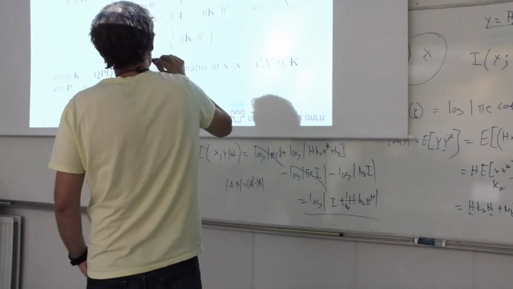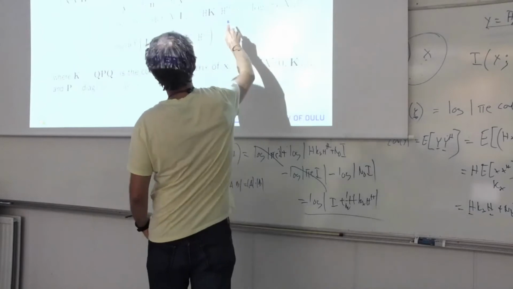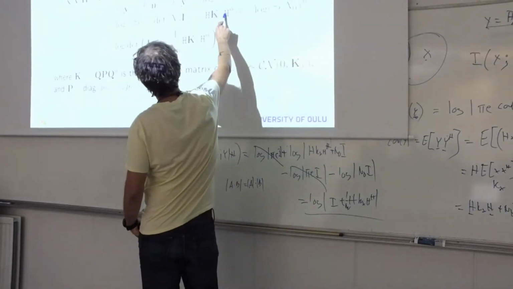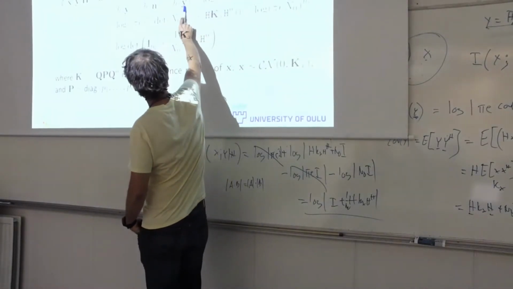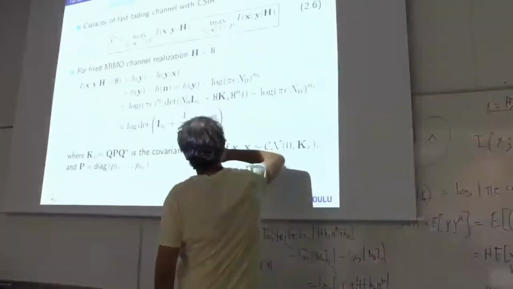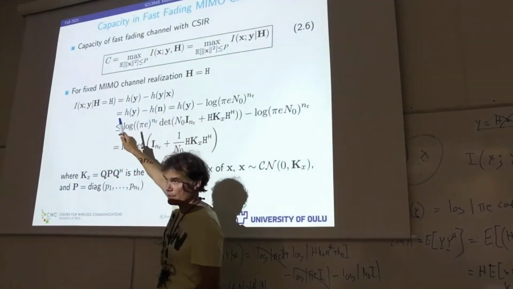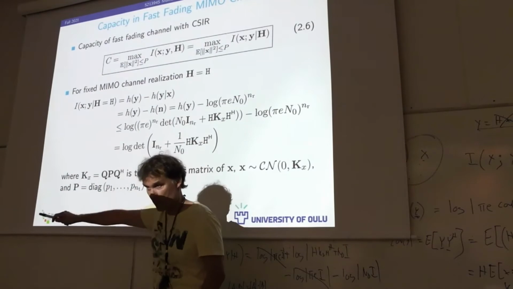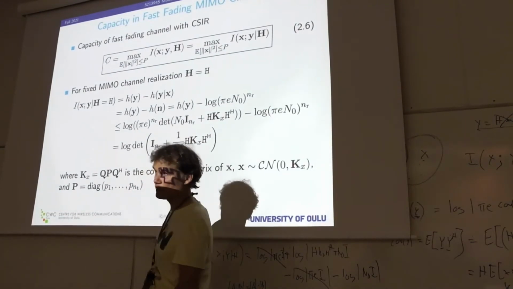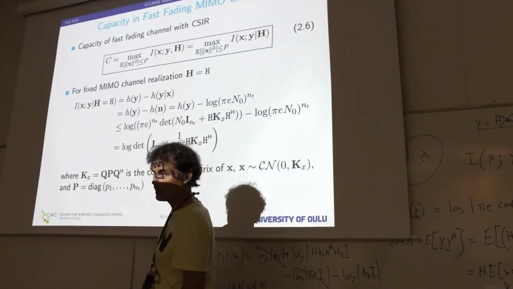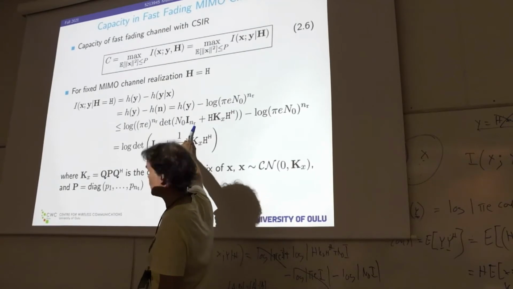Of course, Gaussianity. In general, y is not Gaussian. That's true. For any other input distribution than Gaussian, we have the strict inequality. Equality is achieved only with the Gaussian input.